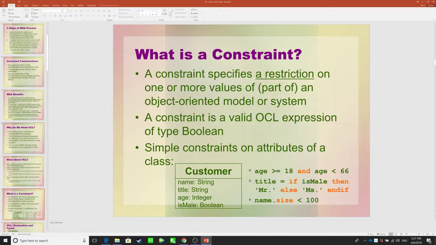This is the class diagram. Here we put 3 constraints there, like age is greater or equal to 18 and age less than 66. So that gives the range of this age. This is not something we can easily define with traditional UML.